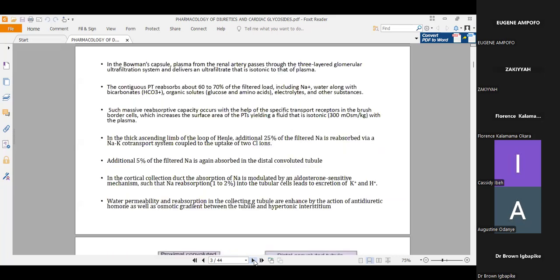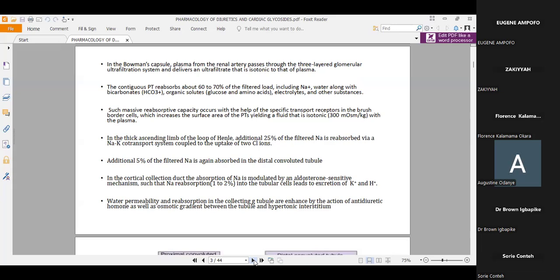So normally, in the Bowman's capsule, plasma from the renal artery passes through the three-layered glomerular ultrafiltration system and delivers an ultrafiltrate, which is isotonic to plasma. Then the proximal convoluted tubule reabsorbs about 60 to 70% of the filtered load, and this includes sodium, water, bicarbonate, organic solutes like glucose and amino acids, electrolytes, and some other substances.